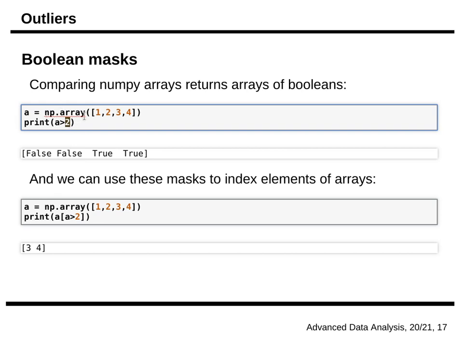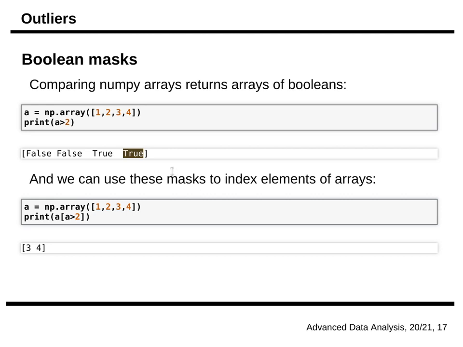What NumPy does is produce an array that contains Boolean values that are the result of the comparison of each element in this array with the value that we are comparing to. So in this case, this is a greater than 2. The first element of a is 1, and 1 is not greater than 2. So the first element on the result is false. The same for 2. 2 is not greater than 2, so this is false. But 3 and 4 are greater than 2, so these two are true.